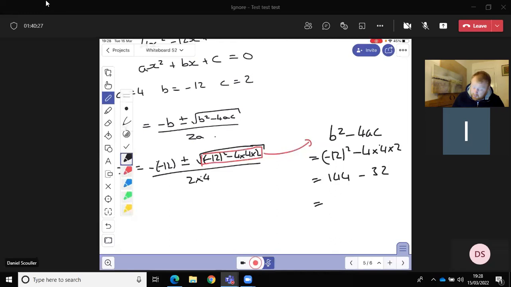Remember you'll have a calculator for these types of questions. That's not even right. It's 112. So it's positive, so I know there's 2 real roots.